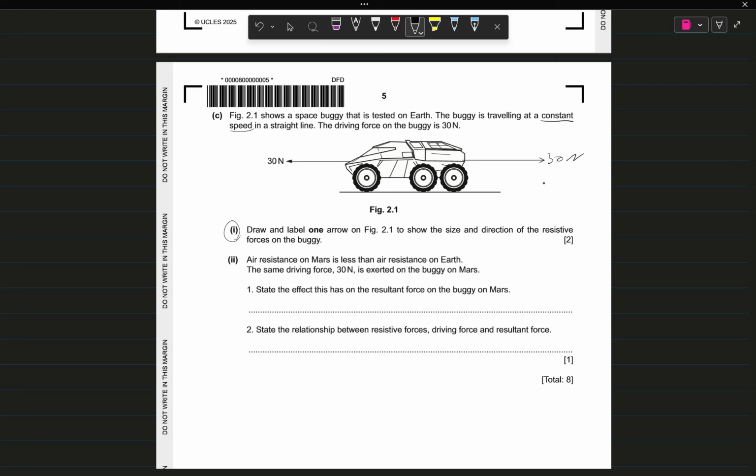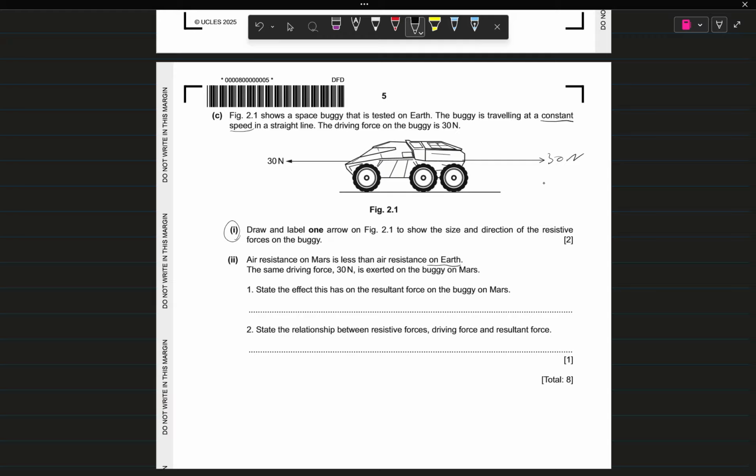For part 2, the resistance on Mars is less than the resistance on Earth. The same driving force, 30 newtons, is exerted on the buggy on Mars. State the effect that this has on the resultant force on the buggy on Mars. Since air resistance is less than that on Earth, that means that there will be less drag, less resistive force compared to that of the Earth, which means that the overall force here will be less than 30 newtons.